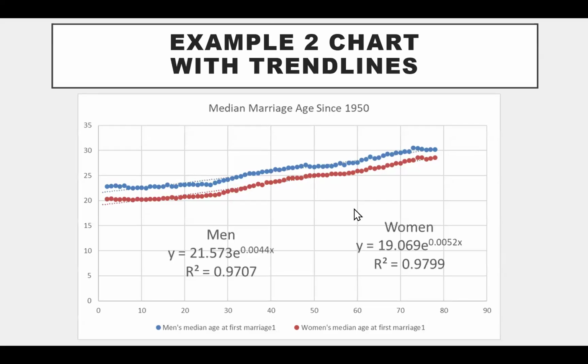So it turns out if you build an exponential model for each, you can put this trend equation or trend line, it's not a straight line, but you can put a trend line on the graph, and you can build a model for men and a model for women. And this is what you get.